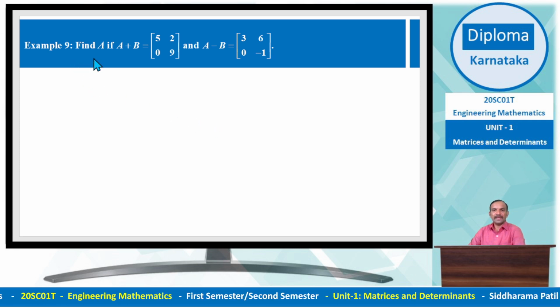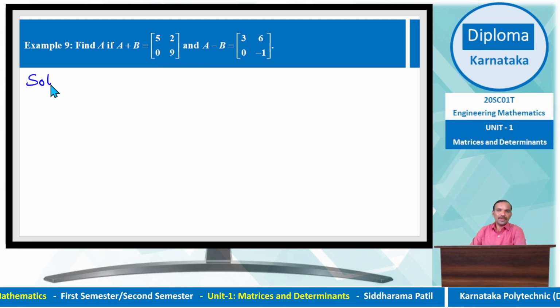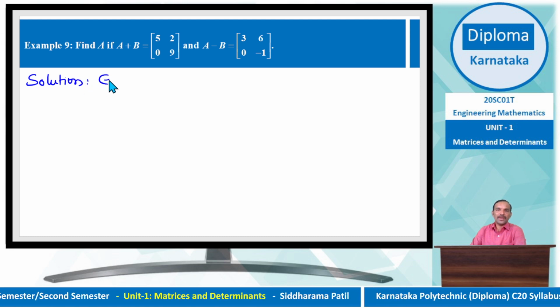Example 9. Find a if a plus b is given, a minus b is given. What you have to find out? a, you have to find out a.